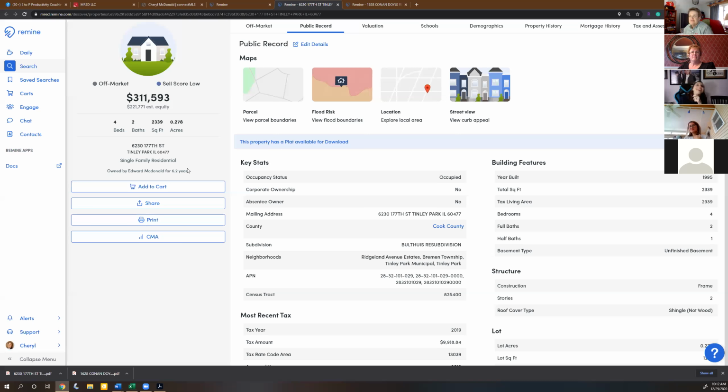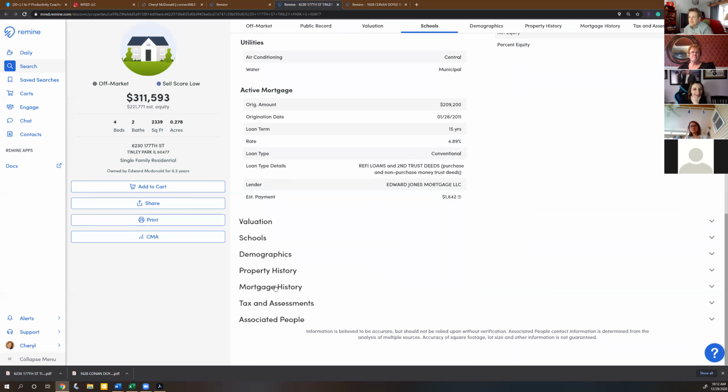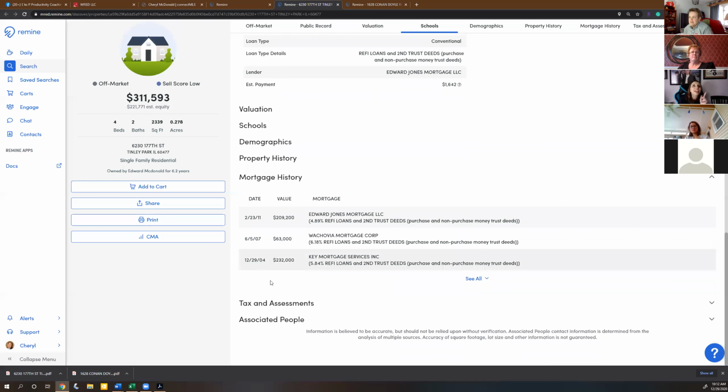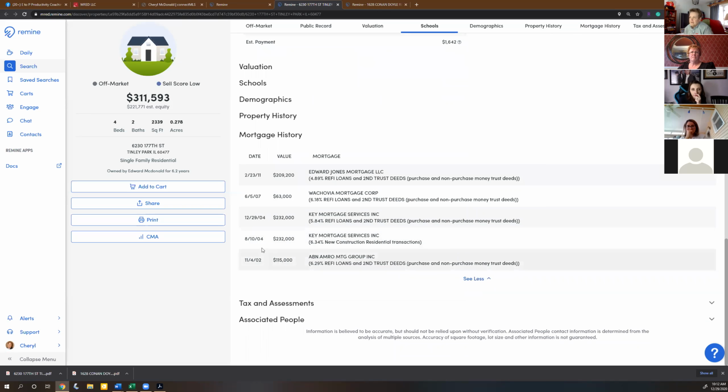I could, let's try. All right. So let's go down and look at ownership again. We can look at the mortgage history. So right here is our original mortgage.